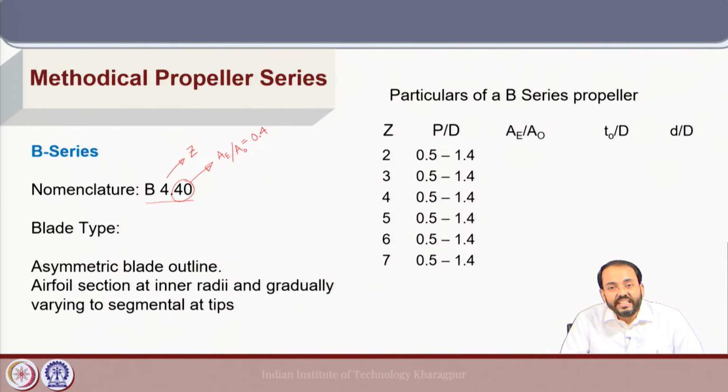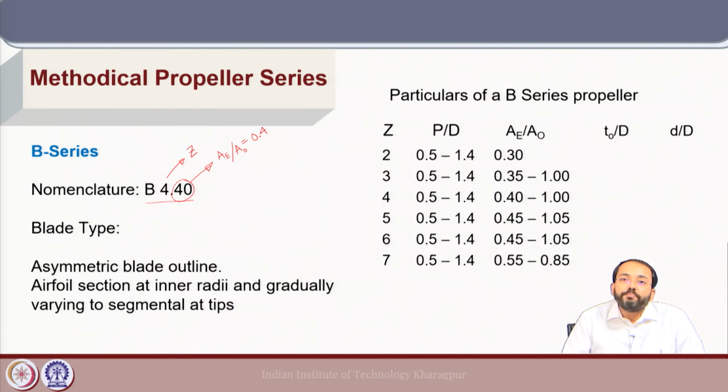So, these series are developed based on experimental results on model propellers over these ranges of parameters, and during design, which we will discuss later under propeller design, we can use these data to get our specific design based on the input requirement by suitable interpolation using certain constraints which are essential for the design process.